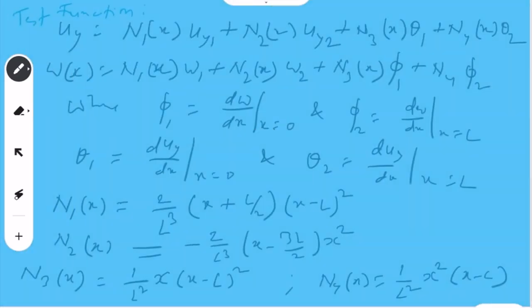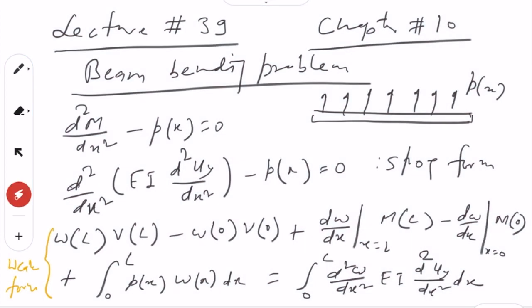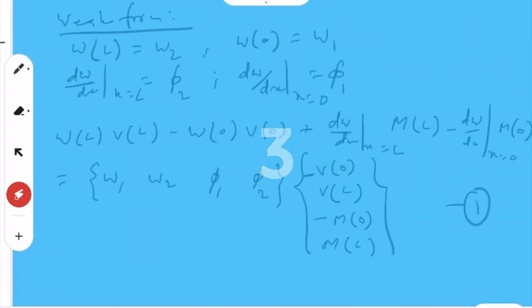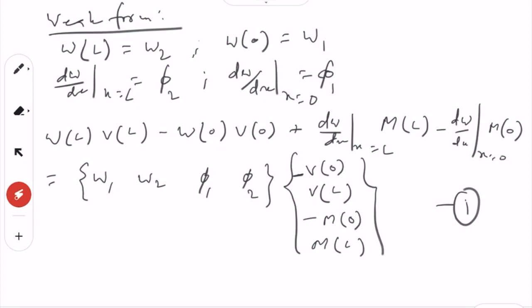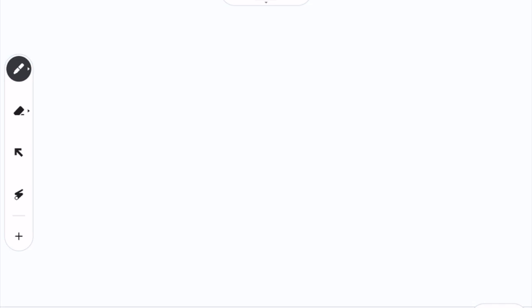Now the second part of this equation is this one. So we put the W value here, and we have Px here. So what do we get? Integral from 0 to L of Wx times Px dx equal to integral from 0 to L, and what we have here?